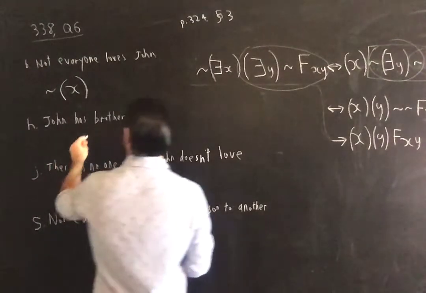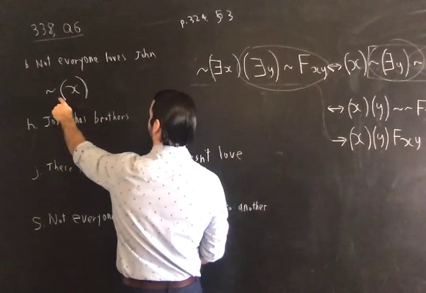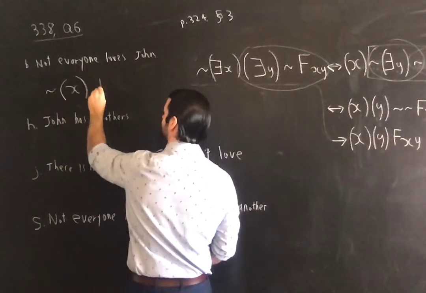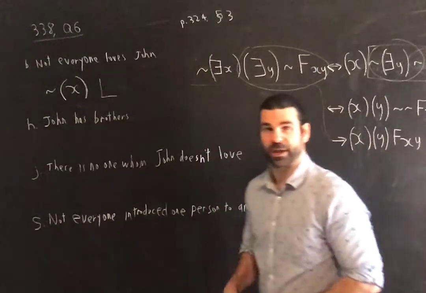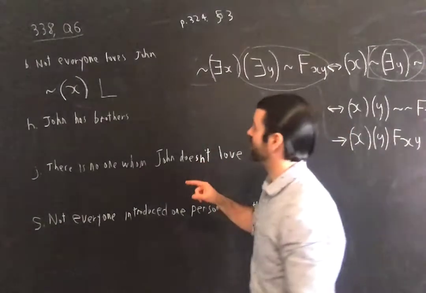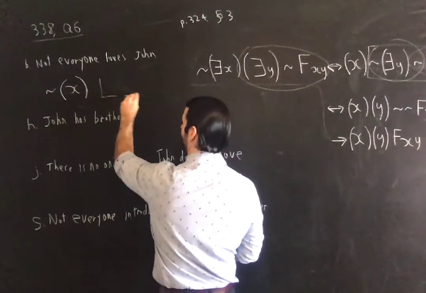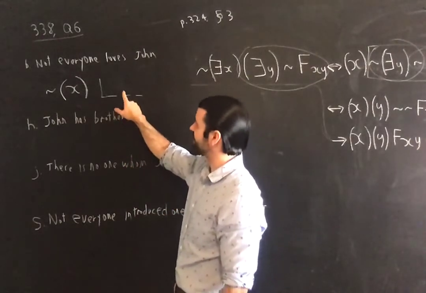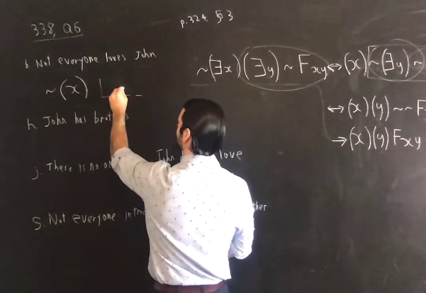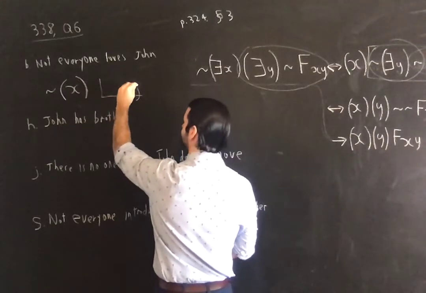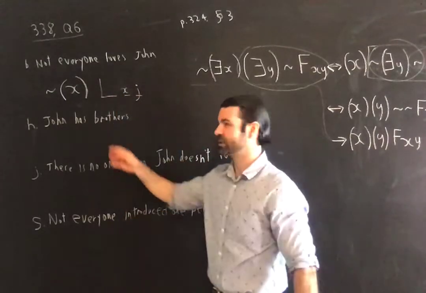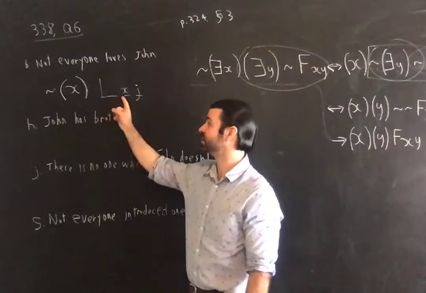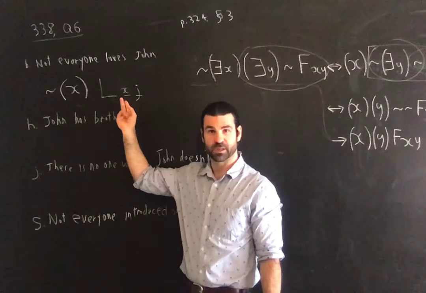So it's not the case that for all x, Lxy is x loves y. So where is John and where is the x? Clearly the x is the lover, and John is there. J for John. Please be confident enough. There's nothing weird about it.